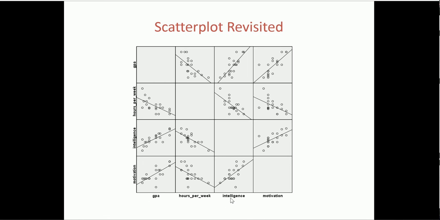What's the relationship between intelligence and GPA after statistically controlling for hours worked per week and motivation? What is the relationship between motivation and GPA after statistically controlling for hours worked per week and intelligence? So basically, in a multiple regression analysis, we're attempting to partial out the effect of the other predictors in an attempt to isolate the relationship of our focal predictor and the criterion.